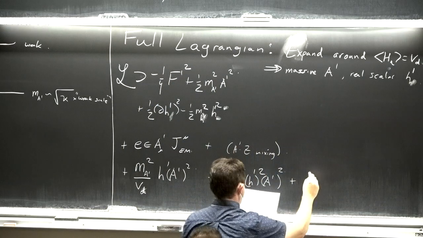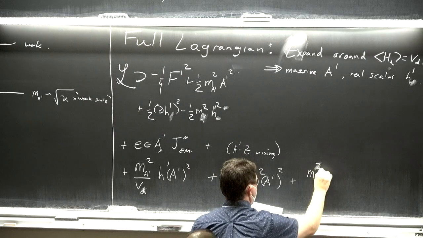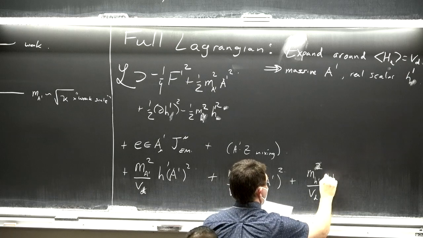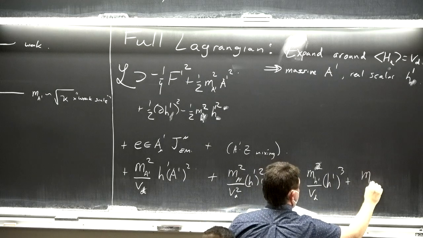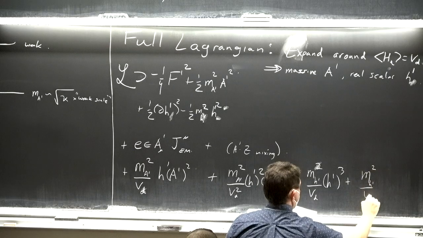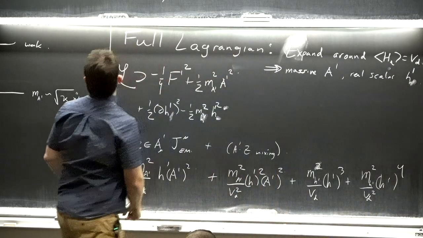And then there's a cubic term, M H prime squared over V dark, H prime cubed, plus M H prime squared over V dark squared, H prime to the fourth. Okay?